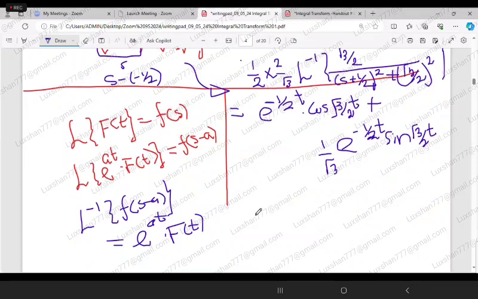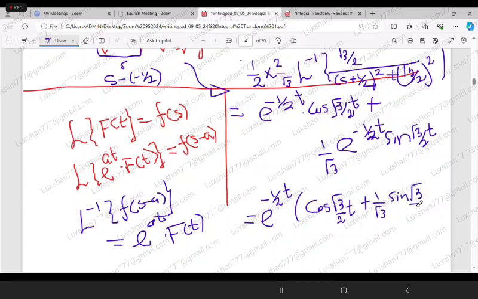Therefore, if we simplify this one, we can write it as e to the power minus half t into cos root 3 by 2 t plus 1 over root 3 sine root 3 by 2 t.